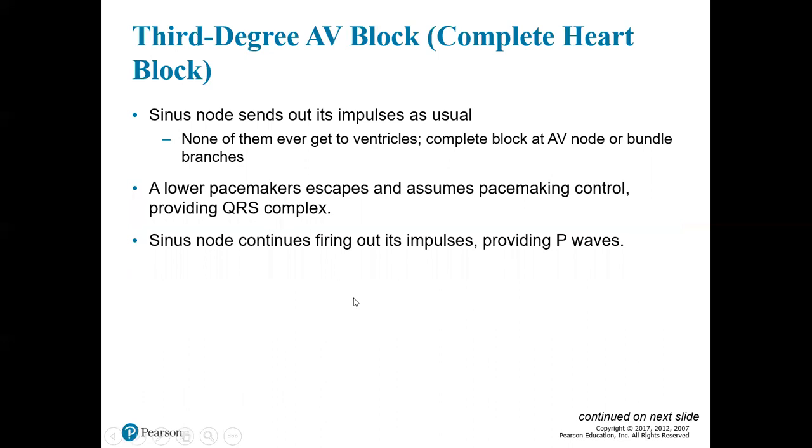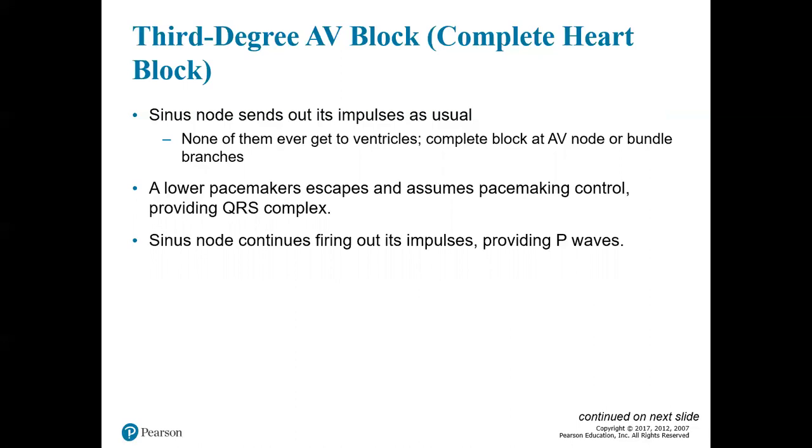With your third degree or complete block, the sinus node sends out its impulses as usual. However, none of those electrical impulses are making it to the ventricles, okay? A lower pacemaker escapes and assumes pacemaking control, providing the QRS.